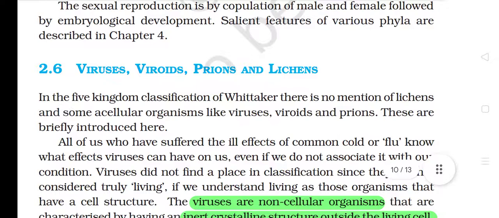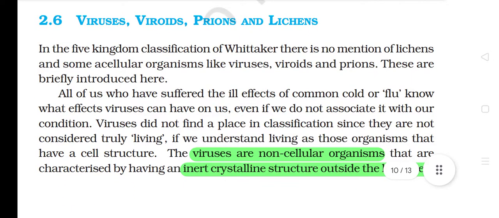2.6 Viruses, Viroids, Prions, and Lichens. In the five kingdom classification of Whittaker, there is no mention of lichens and some acellular organisms like viruses, viroids, and prions. These are briefly introduced here. All of us who have suffered the ill effects of common cold or flu know what effects viruses can have on us.